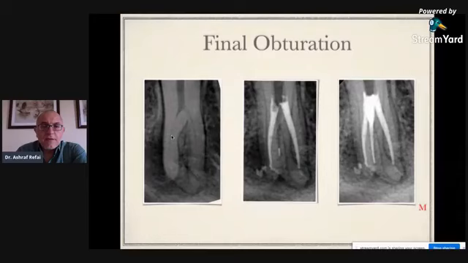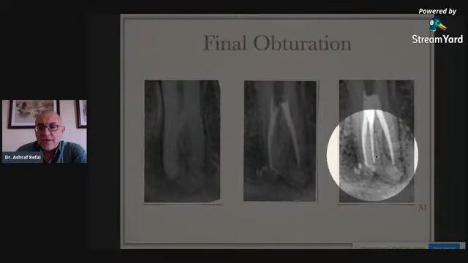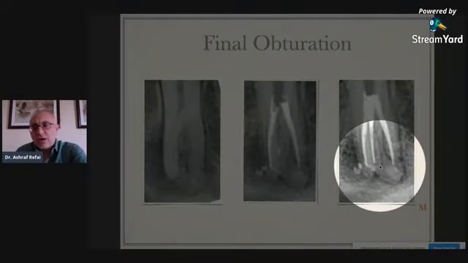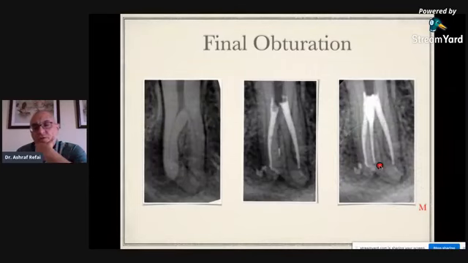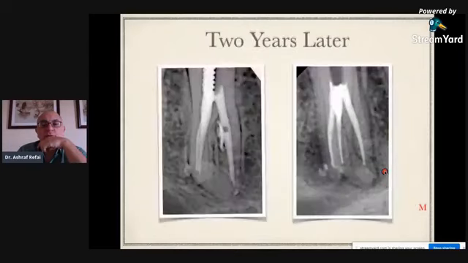And then this is your preoperative, your intraoperative, and this is your postoperative. As you can see here, it appears as if I did not finish preparation in that part of the canal. But if you remember from the CBCT, there was a lateral exit to this, and that will become evident when I show you the postoperative.